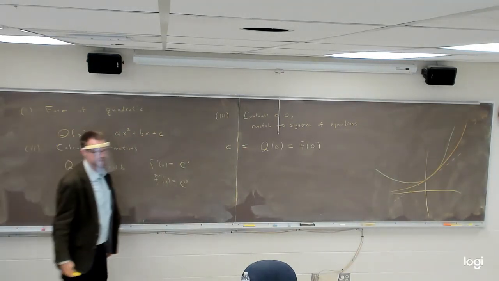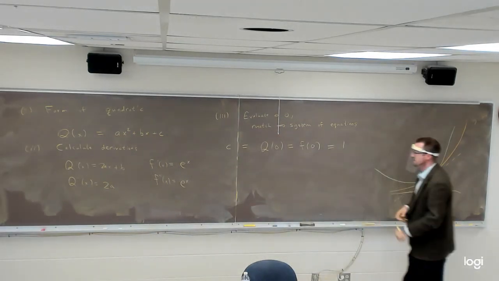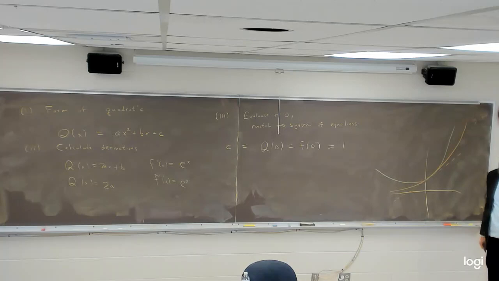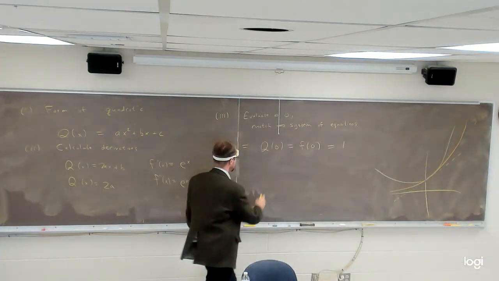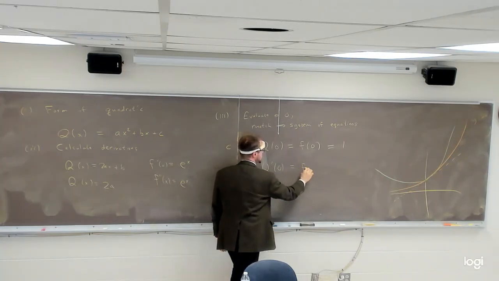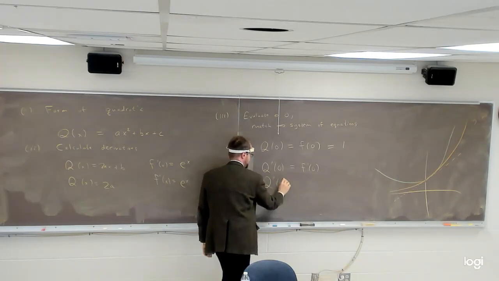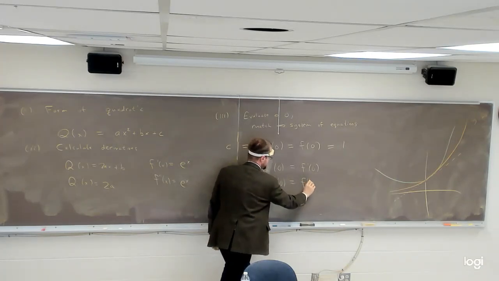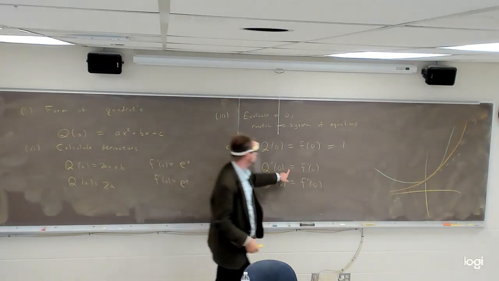And I can calculate f of 0 from its formula. f of 0 is e to the 0, which is 1. So c must equal 1, because they're both equal to these things. I'm going to write my criteria in the middle and evaluate in both directions what each of those are. So this is supposed to be true.